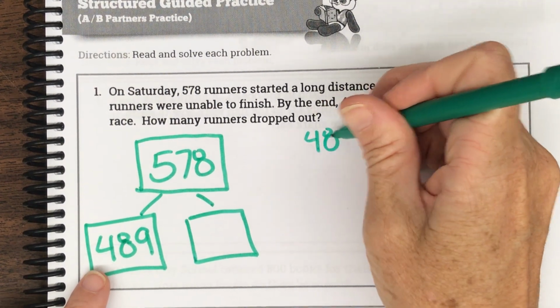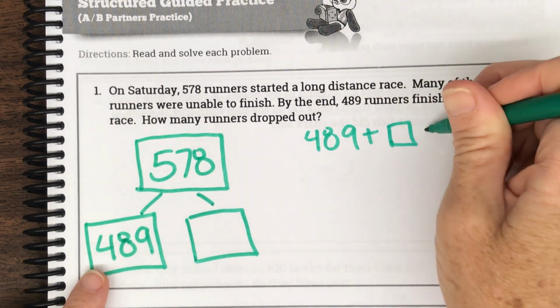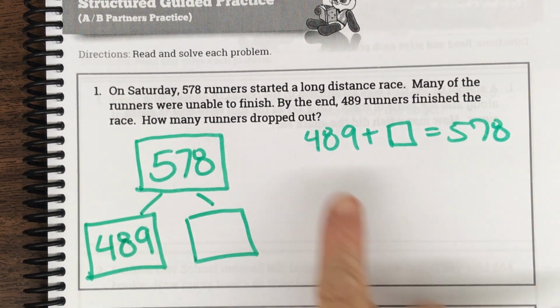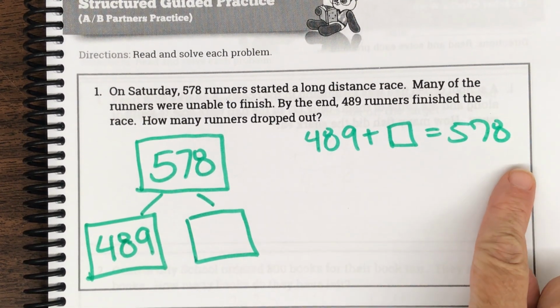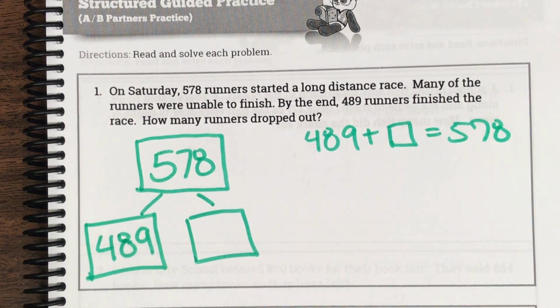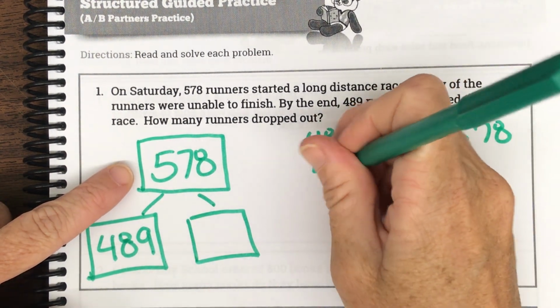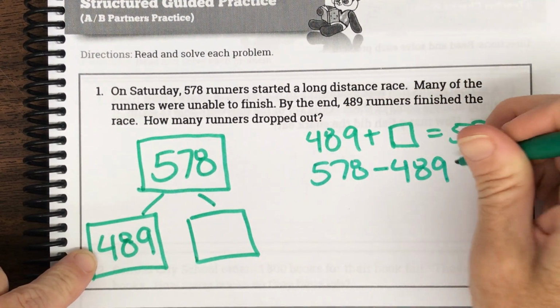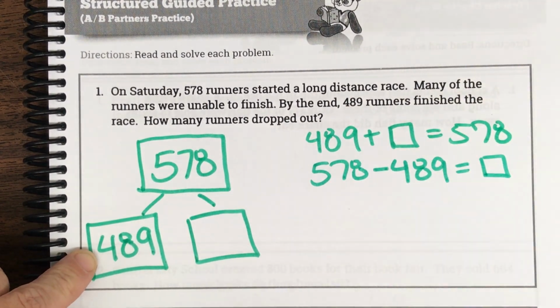Our 2 parts equal our whole. Okay, but this is going to be a hard problem to solve, so we can use the inverse operation for this. Okay, and we can say that we know that the whole take away one of the parts equals the other part.